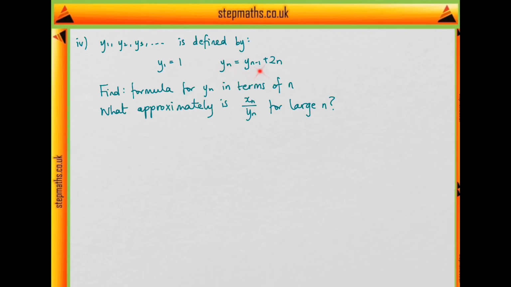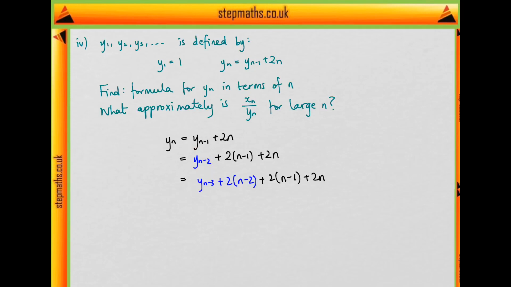So if yn is yn minus 1 plus 2n, then we can use this formula again to replace this yn minus 1. And using this, we see that yn minus 1 is equal to yn minus 2 plus 2 times (n minus 1). So our equation becomes this. And then we can use this formula again to replace yn minus 2.